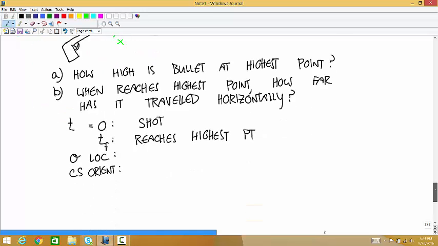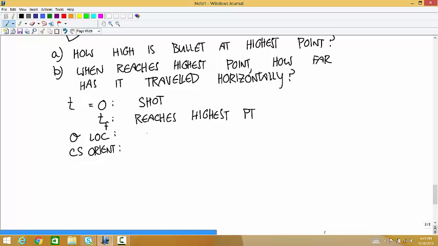So the origin location this time is at the location of the bullet when shot. And the coordinate system orientation has the y-axis up and the x-axis horizontal in the direction of motion.